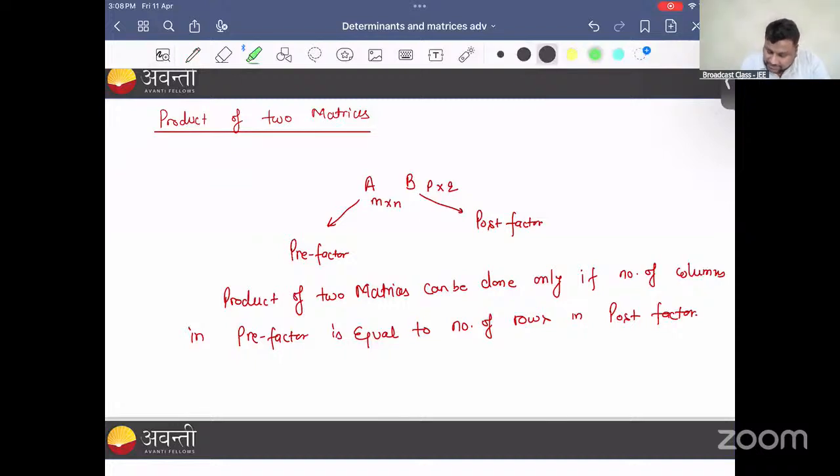Means unless this n is equal to this p, you cannot multiply these two matrices. So this n should be equal to p. This is a necessary condition.